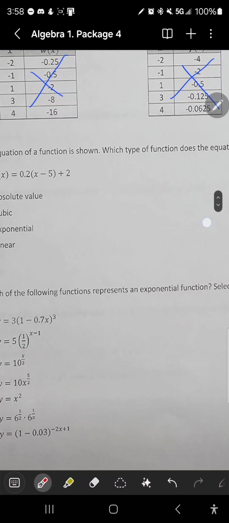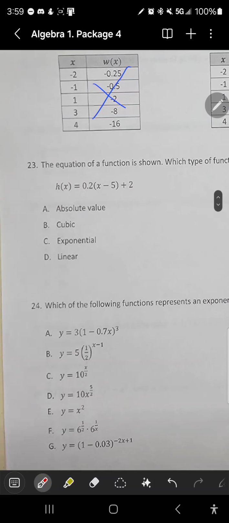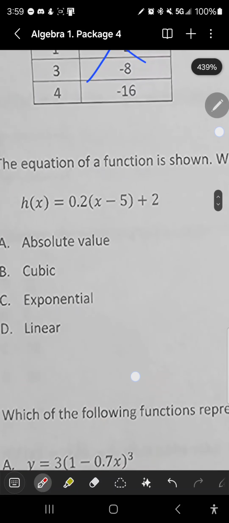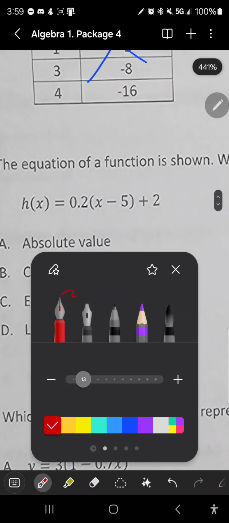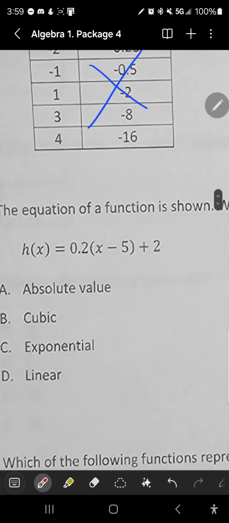Now let's look at 23. The equation of a function is shown. Which type of function does the equation represent? So here we know, as I was saying in last week's video, I think, the x is the important one. It's the one that determines the type of function. So in this case, this is just x to the 1.